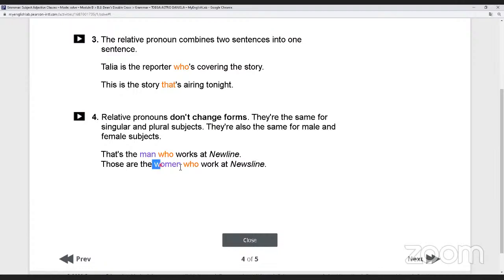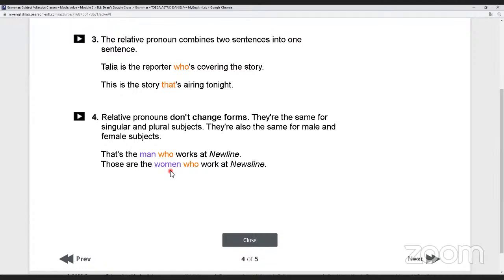My subject in this case is the women. If my subject is plural or singular, male or female, it doesn't matter for the relative pronoun. It is going to work with both, all right?